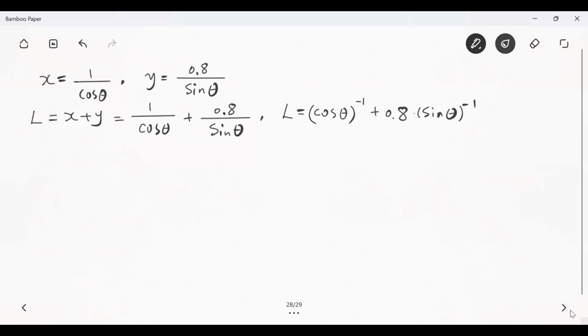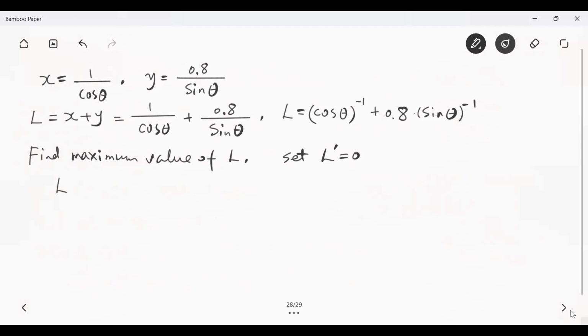We want to find the maximum value for L. So we can set the derivative of L equals 0.